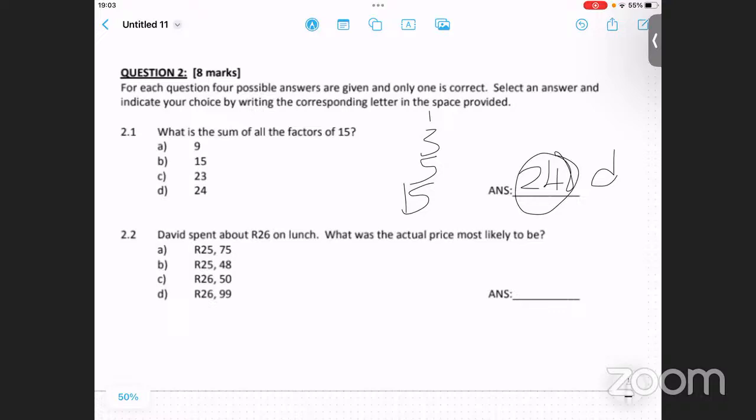Because, ma'am, if you were to round it off, it would give you 26. It's the one that is closest to 26, ne? It's the number that's below 26, and it's the only one that is closest to 26. So our answer is going to be A.